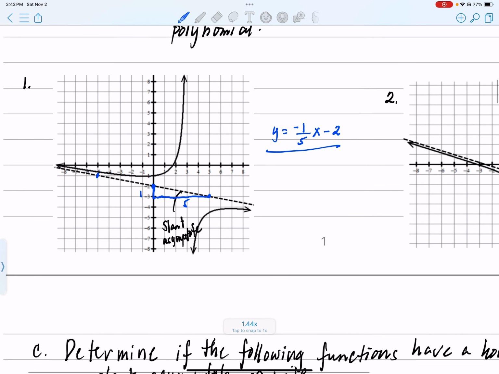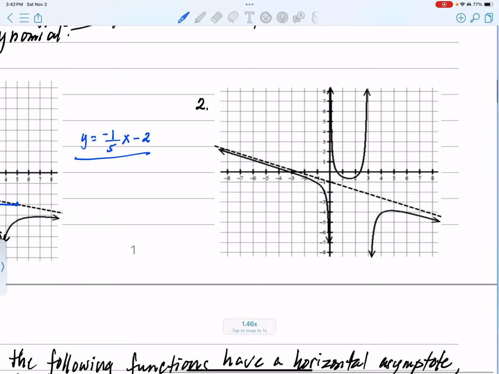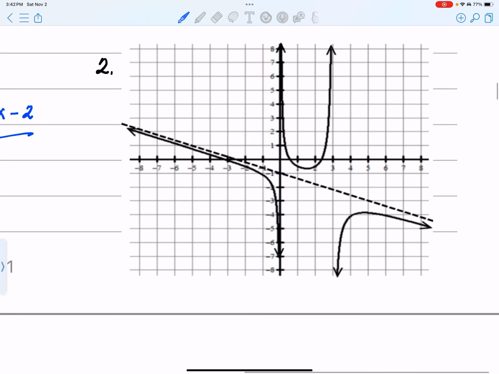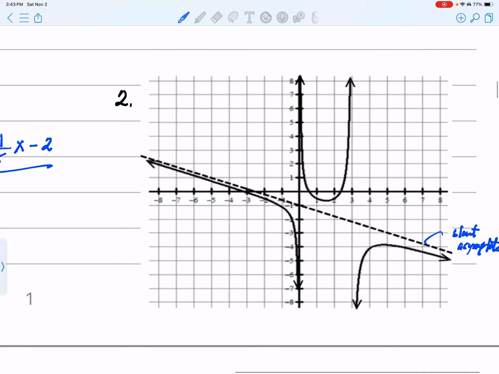All right. Let's do the second graph. Okay, our slant asymptote is this, right? We're going to find the equation of the slant asymptote here. So where does it intersect the y-axis?